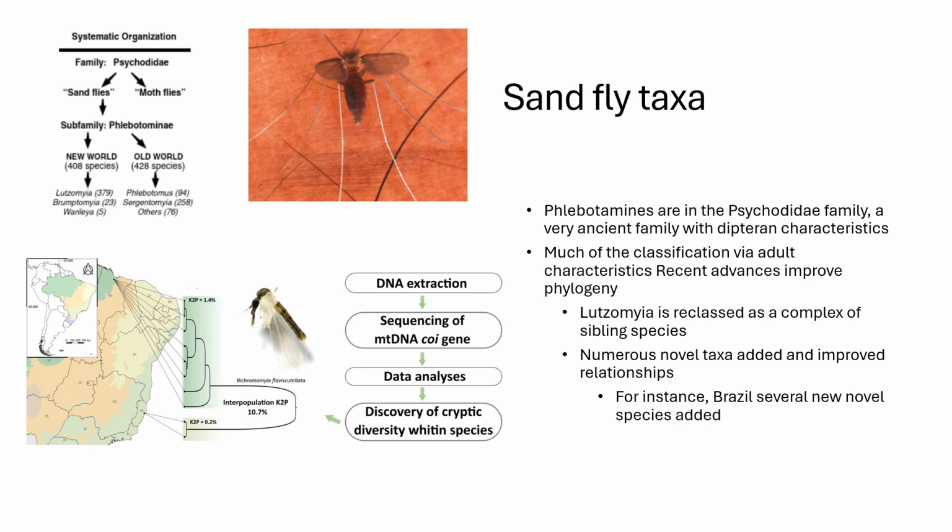Right there in the top right corner, you can see an adult Lutzomyia sandfly. They have a very almost fuzzy appearance, and they have a characteristic V wing shape that is prevalent throughout that whole subfamily. And right below that, you can see a figure from a research article where they were able to discover several new species of sandfly within Brazil through genomic sequencing.